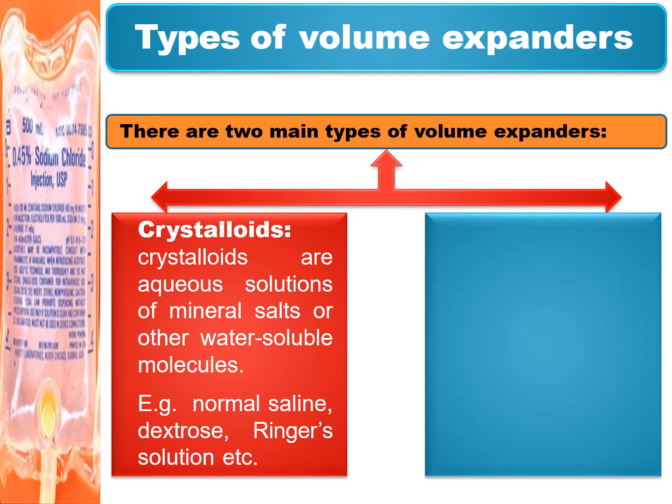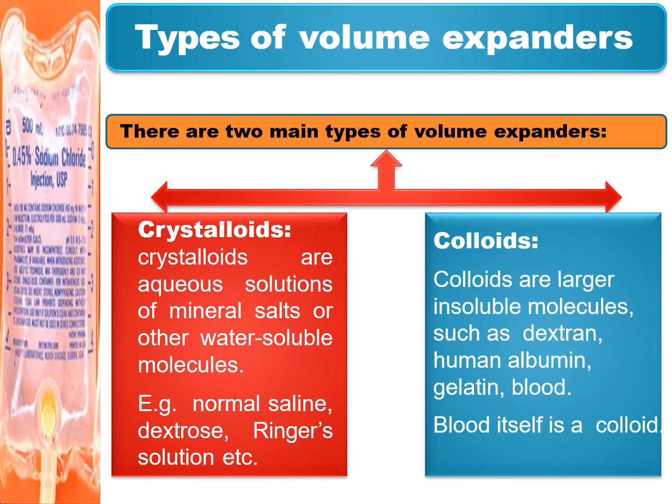And in continuation of this, the second type of plasma volume expander is the colloidal preparations. As the name suggests, colloids are larger insoluble molecules. What are they?